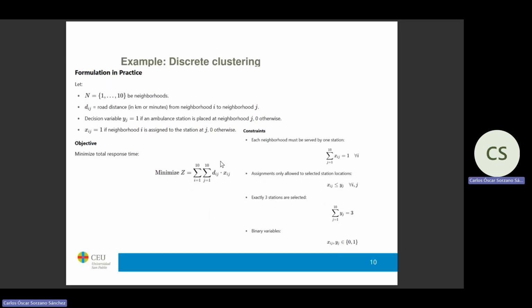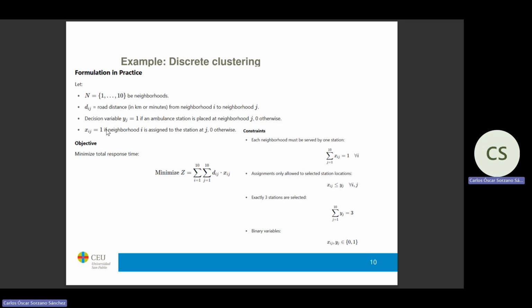So this is a more formal formulation of that. So we have 10 neighborhoods, we have all the distances from neighborhood i to neighborhood j, and we have these decision variables: yj takes value 1 if an ambulance station is placed at that neighborhood, and otherwise it is 0.